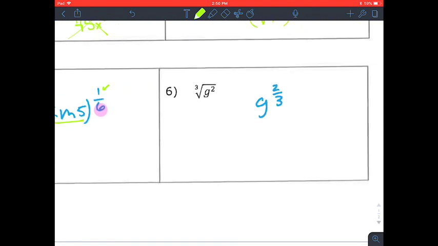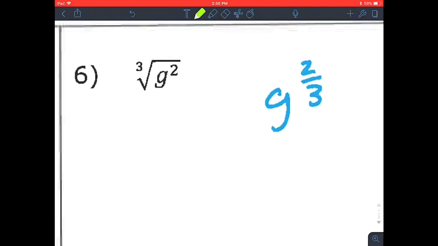Last little one. This one I only have the G, so it can go either way on it. I want to make sure cube root, so 3 on the bottom of it. And I've got the 2 sitting on top because it's raised to the 2nd power, so it can stay on the outside. Since it's only G in here, then I can put this through.